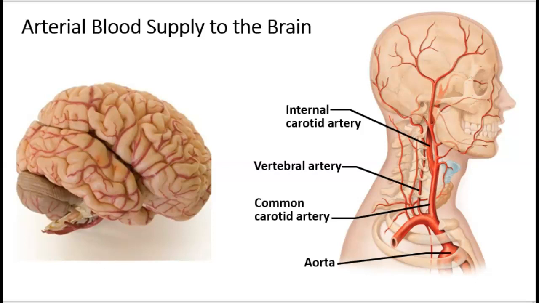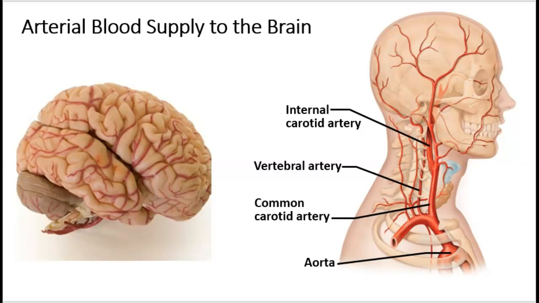An extensive network of vessels provide oxygenated, nutrient-rich blood to the brain, and the majority of the cerebrum is supplied by the internal carotid arteries. The vertebral arteries also provide blood to the brain. So the aorta branches into what is called the brachiocephalic trunk, which then gives off the common carotid arteries on both sides.